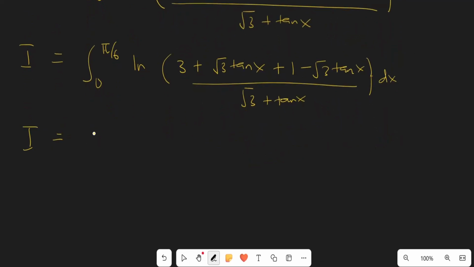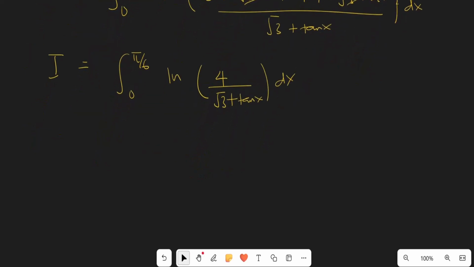This and this will cancel. 3 plus 1 is 4, all over square root of 3 plus tan of x dx. So this is the integral that is being transformed by the King's property.